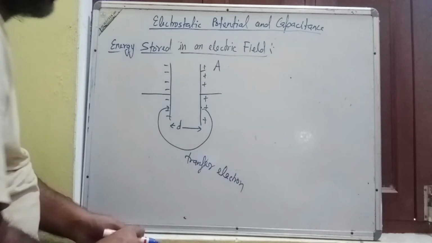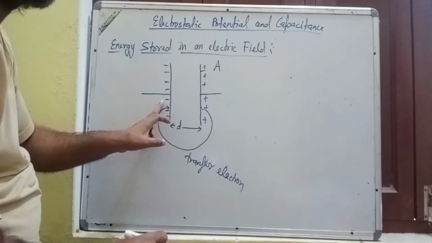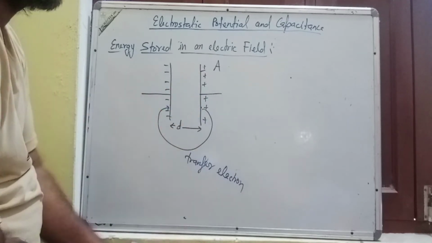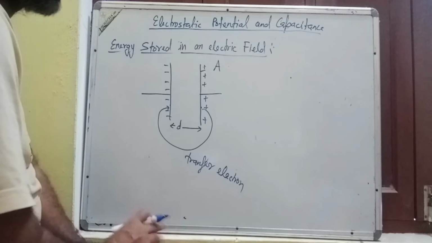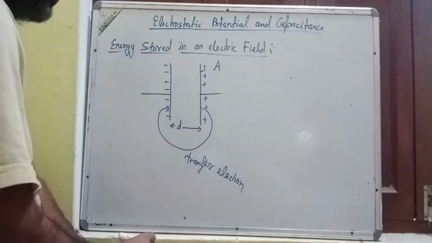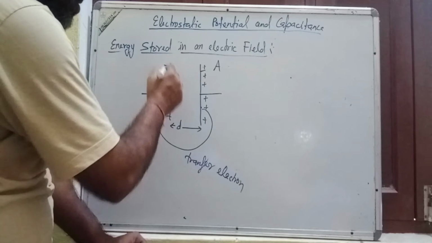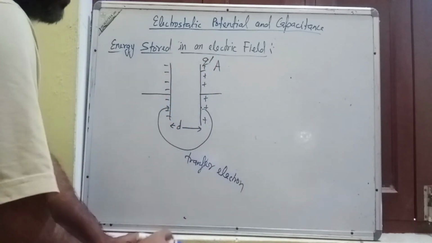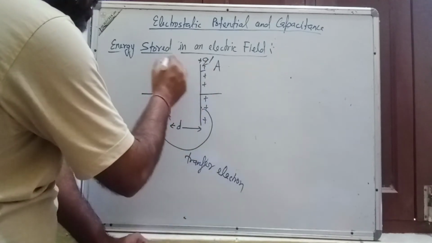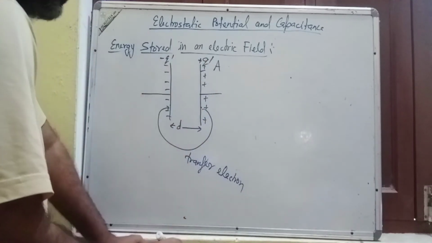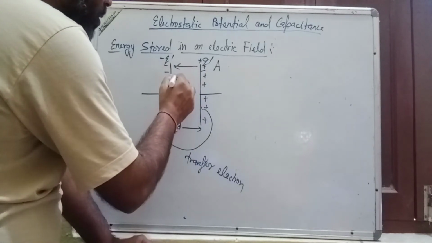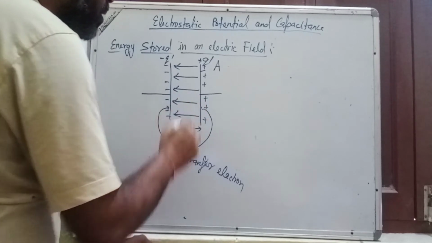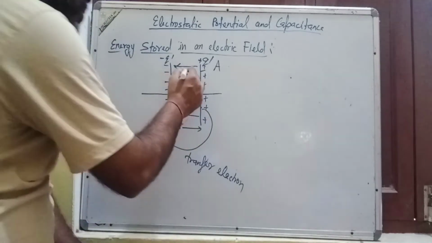As a certain amount of negative charge develops on one plate, the same amount of positive charge develops on the other. Let us suppose that at any time, q dash charge has developed on the plates, positive q dash on this plate and negative q dash on the other. Then a uniform electric field is established between the plates of the capacitor.